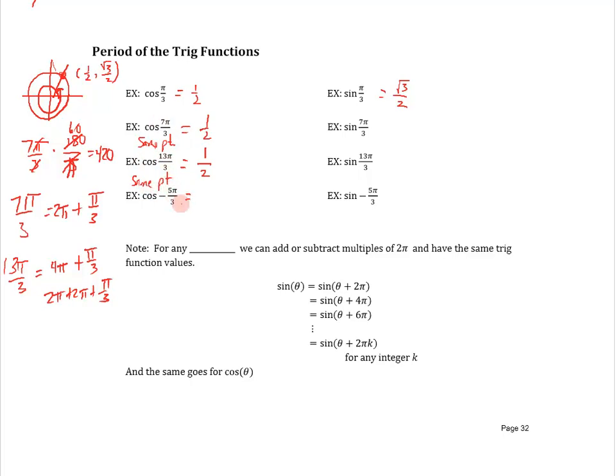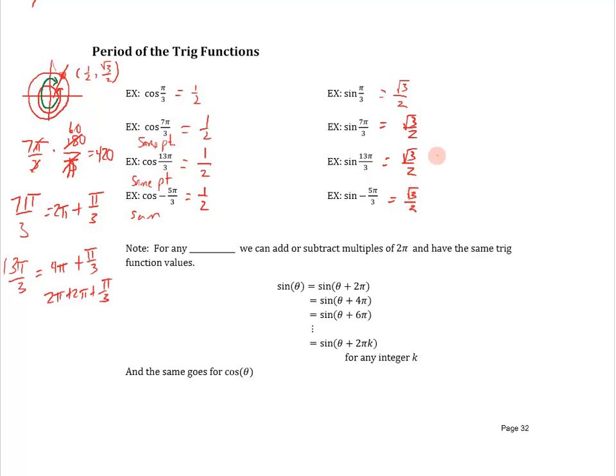If I go -5 pi over 3, I'll draw this in green, that is actually the angle that goes around and ends up right there. So it is also 1/2. The same thing's going to be true of these guys. You're going to get square root of 3 over 2 every time.